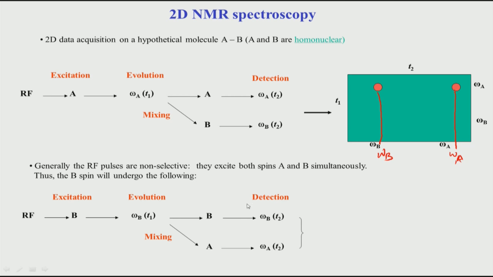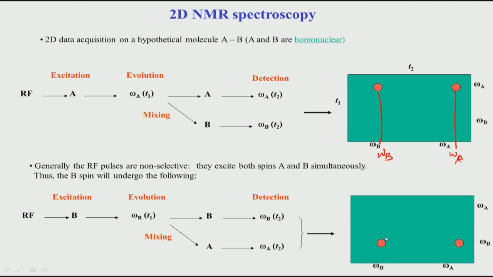So, after the second pulse, when we actually detect the signal, the B which remains on B, which did not get transferred to A, will get excited and will start evolving with the frequency B during T2. And the transfer which goes to A now gets excited as A, and will oscillate with the chemical shift of A. So, now let us see how the Fourier transform happens.